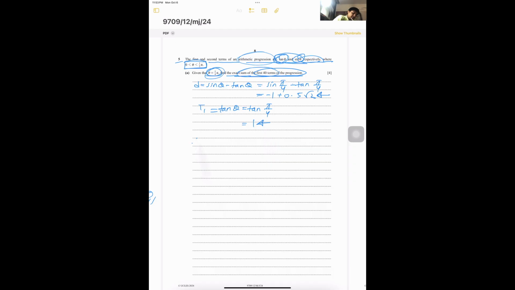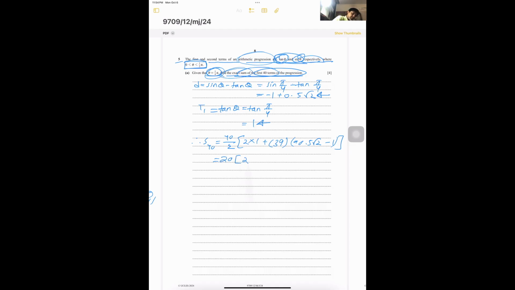So therefore S40 is n by 2, 40 by 2, 2a, which is 2 into 1, plus the common first n minus 1, which is 40 minus 1, 39, into the d, which is 0.5 root 2 minus 1, right? They have asked to give the exact form, so let's simplify.